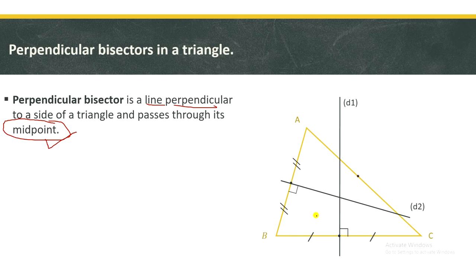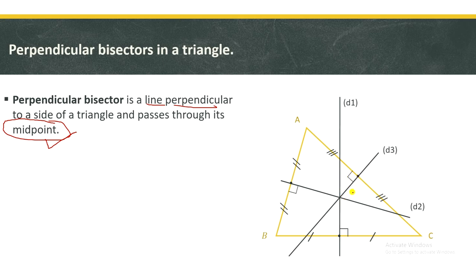Also the third perpendicular bisector, of AC: place the midpoint, this is the midpoint of AC. After placing the midpoint, draw a line using the set square perpendicular to the side AC. So this is the line D3. D3 is the perpendicular bisector of AC at the midpoint and 90 degrees.